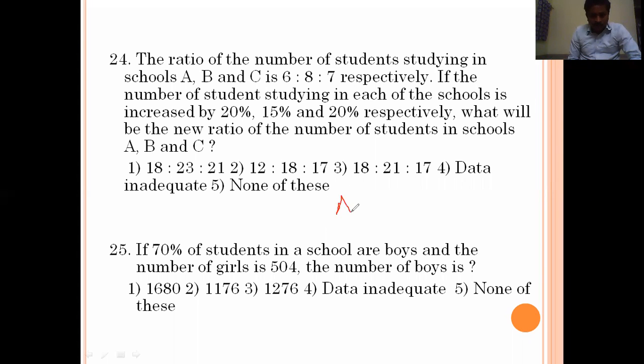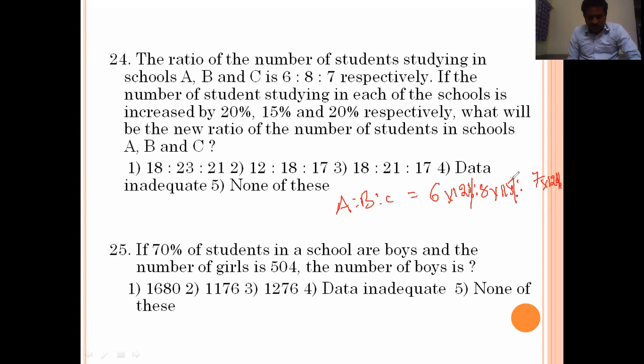So now A is to B is to C. A originally has 6 parts, B 8 parts, C 7 parts. A increases 20%, that means 120%. B increases 15%, increase means add to 100, so 115%. C increases 20%, which means 120%.